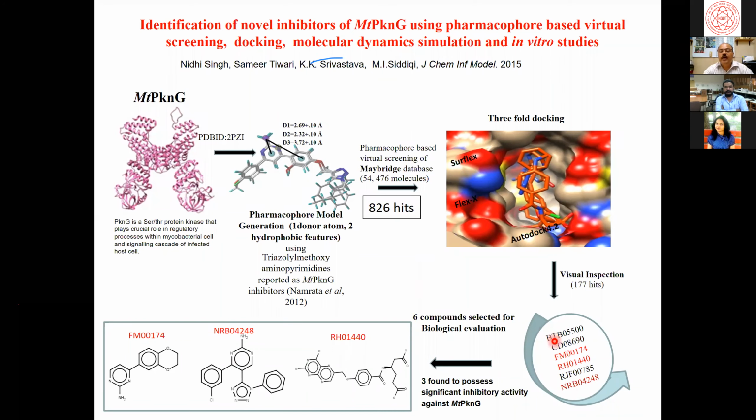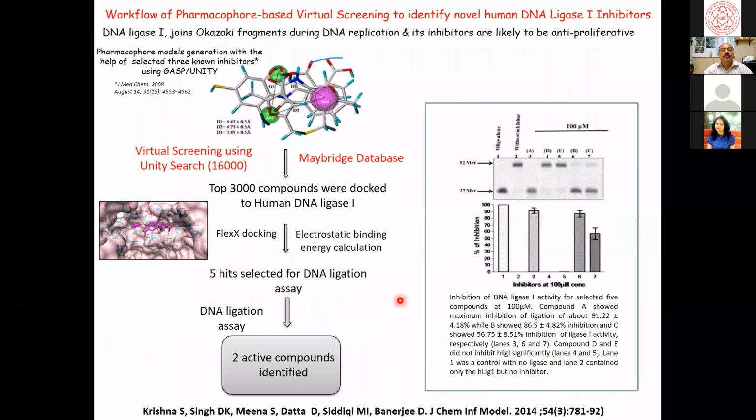This way she identified six molecules for biological evaluation against this protein assay, and three were found to exhibit significant inhibitory activity, and they were also able to kill the bacteria.